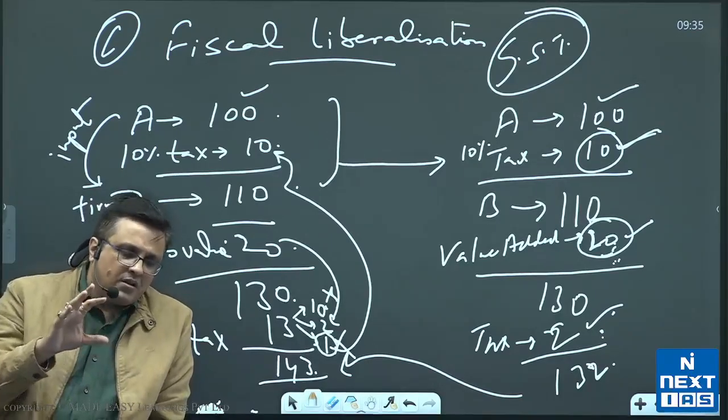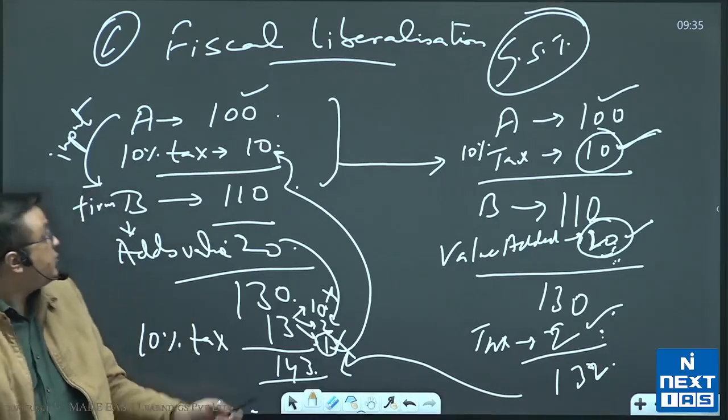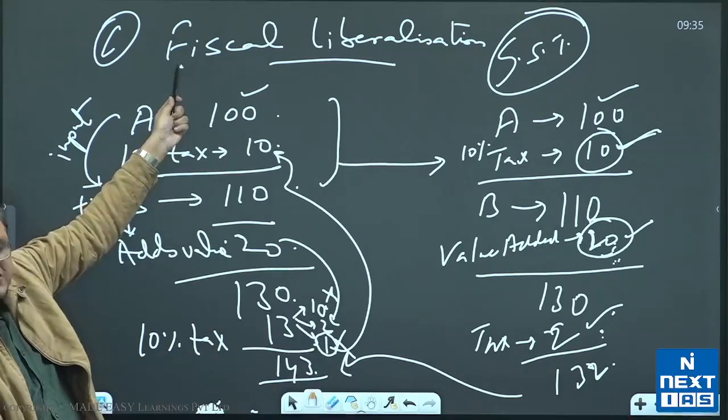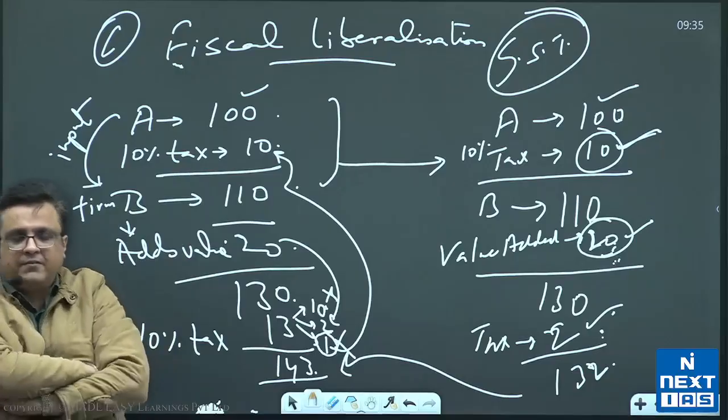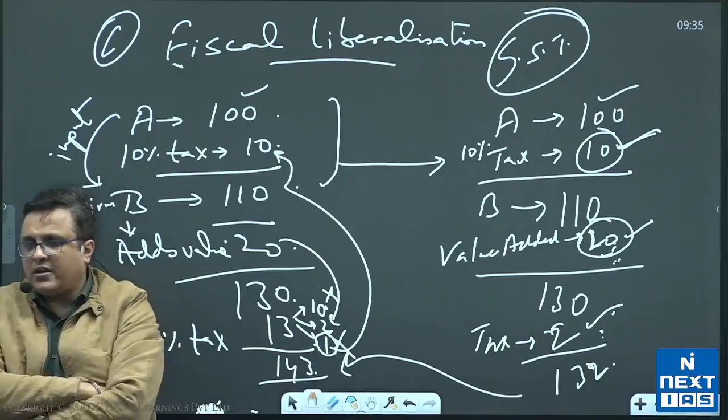Okay. Then you just give a heading now. Fourth is for the C was fiscal liberalization, then D. You write monetary liberalization.